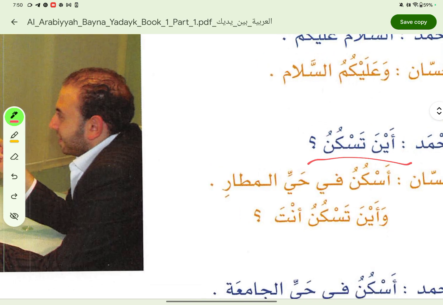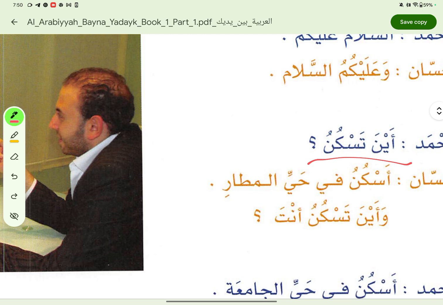That ta means that I'm speaking to you, male. So ta is you, male. It's also for females in the sense of she, but we will get to that in a separate dars, because it will get complicated here since we don't have a visual aid to put both of them together.